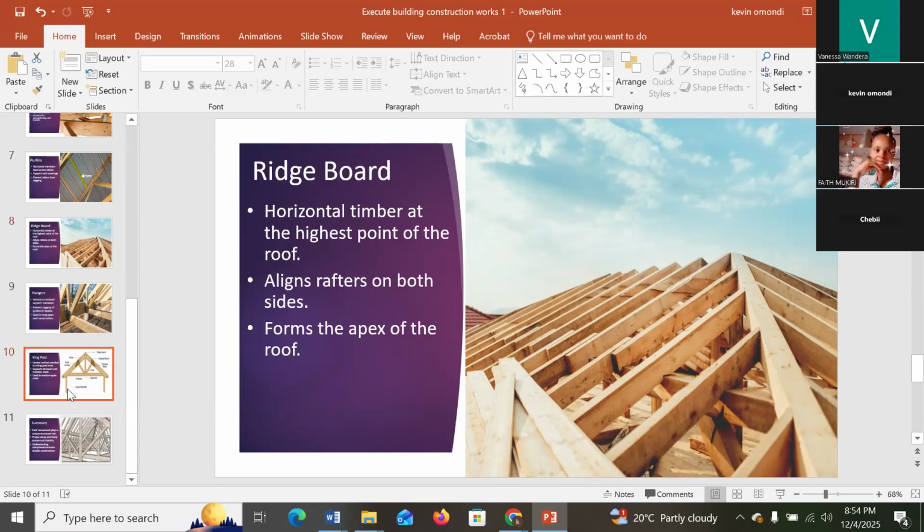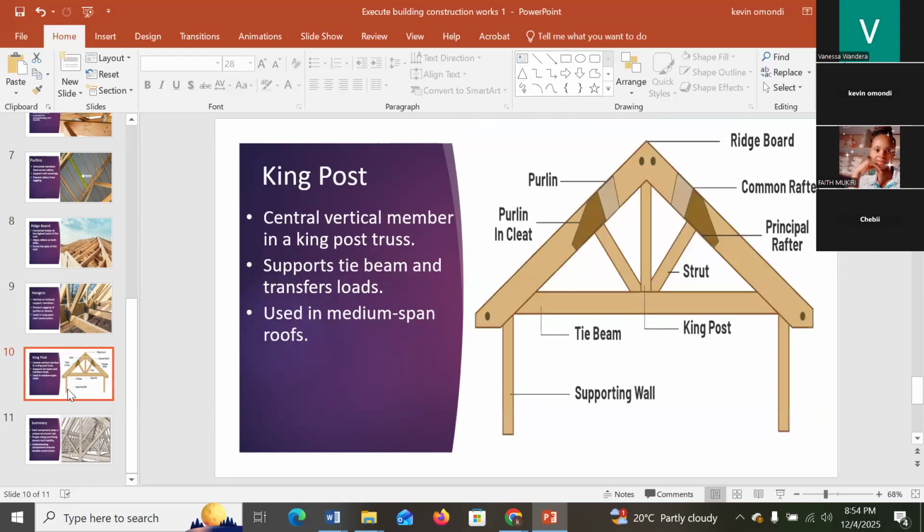And then we have the king post, which is a central member in a king truss. It supports the tie beam and also transfers the load. That is the last component.